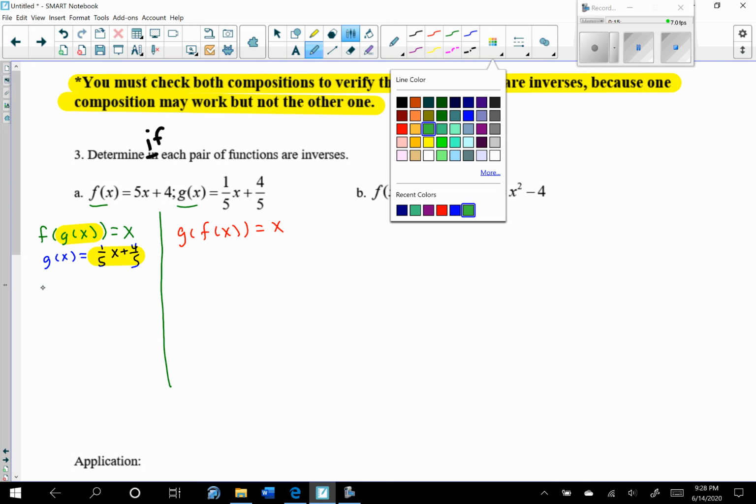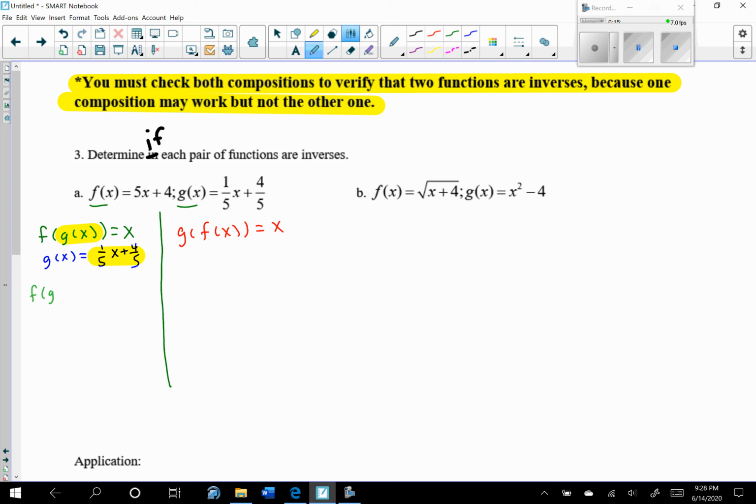So we're doing f of g of x. And so remember, the f function is 5x plus 4. So we're going to be taking out this g of x, and we're going to replace it with the 1/5 x plus 4/5 and plugging it in for this x here.